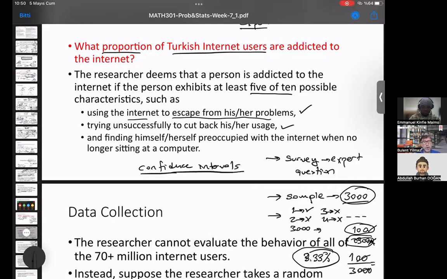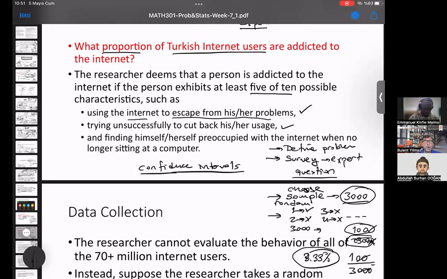So did you understand how I should proceed about the problem? You should first define the problem, and then come up with survey questions with the help of experts. Then you should choose a random sample. It should reflect the internet users.